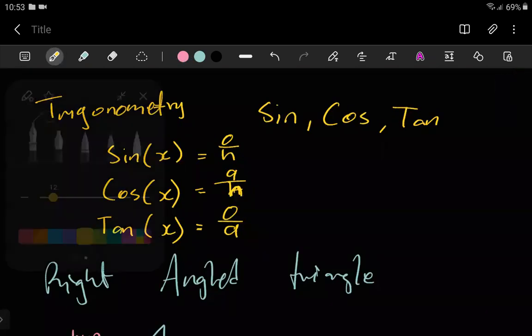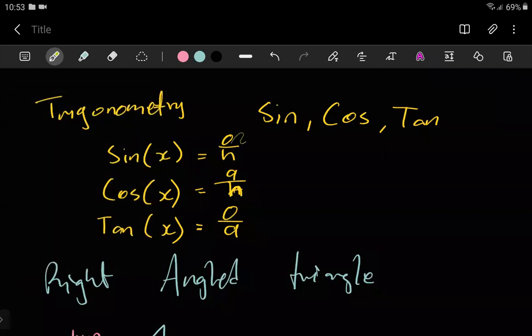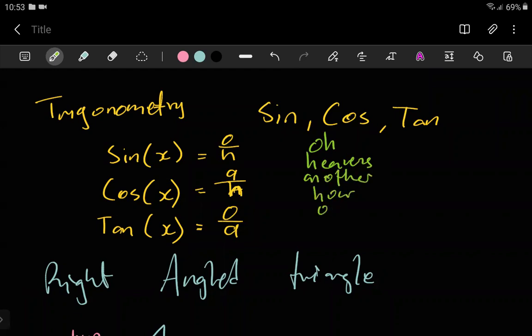That's what allows you to remember the O over H, the A over H, and the O over A. Oh heavens, another hour of algebra. Sometimes people may say something like SOH CAH TOA.